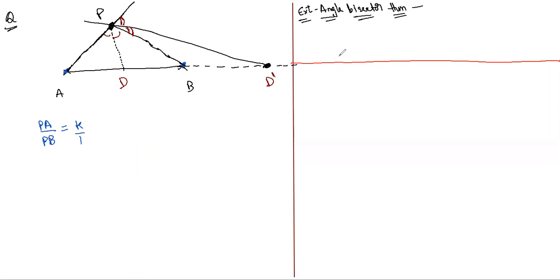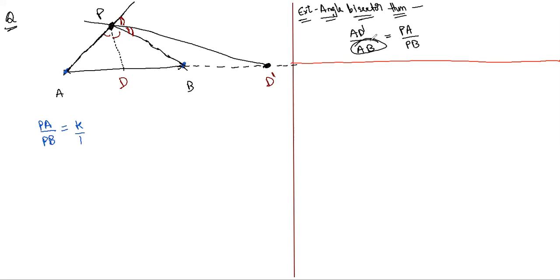Tell me some mathematical equation. Sir, AD dash by AB is equal to PA by PB.